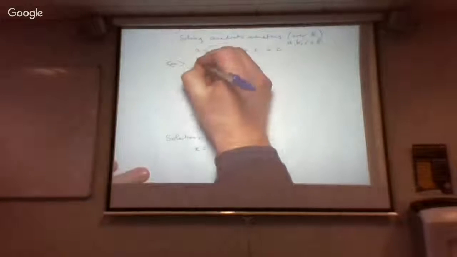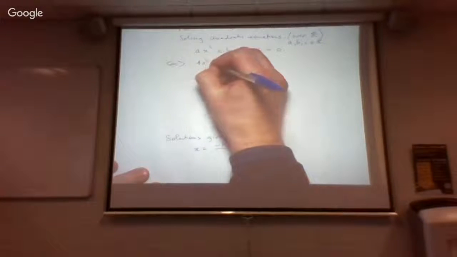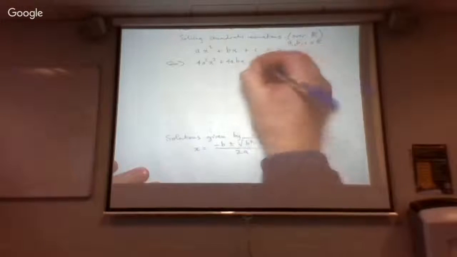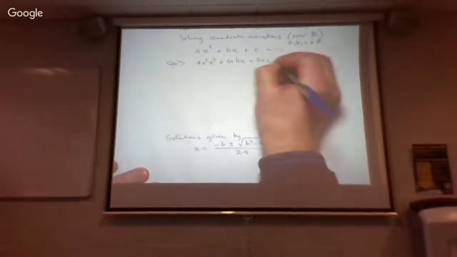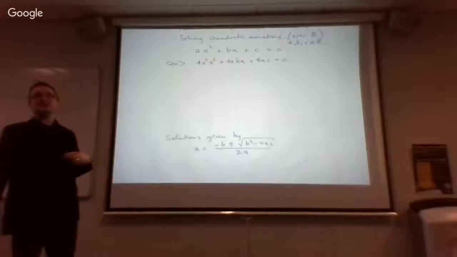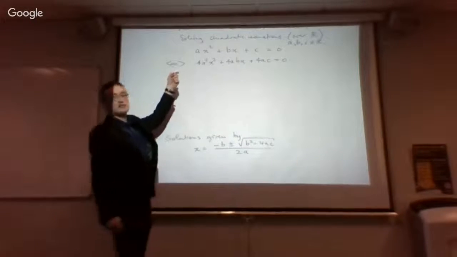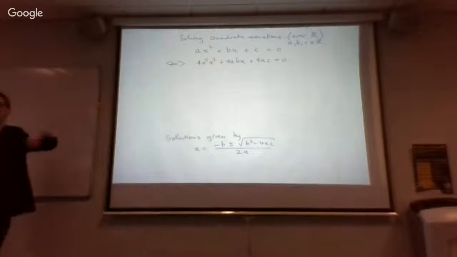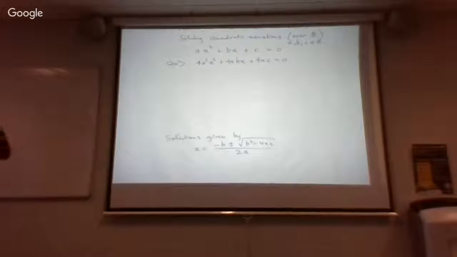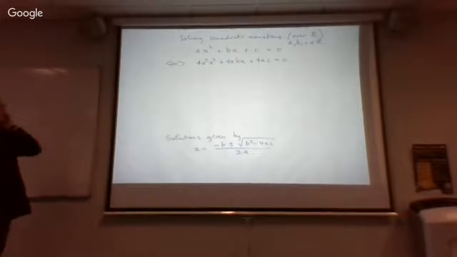And what that does is it changes the coefficients, but it's an entirely reversible step. And the point is, these two equations have exactly the same solutions. If you've got an x which satisfies one of these, it certainly satisfies the other one, and vice versa. So these two equations are logically equivalent. So we've multiplied both sides by 4 times a.